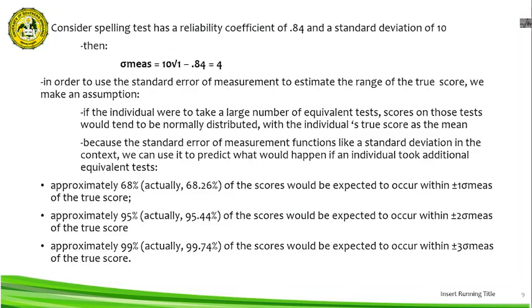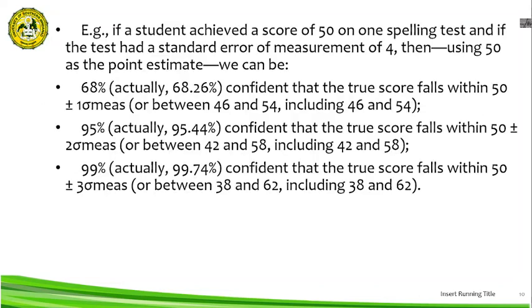Of course, we don't know the true score for any individual test taker, so we must estimate it. The best estimate available for the individual's true score on the test is the test score already obtained.